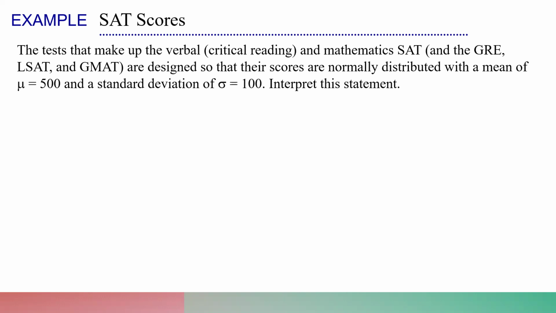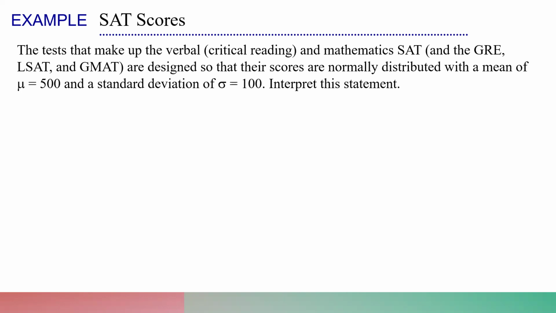So 68% of students score between 400 and 600. Also, 95% of the students score within 2 standard deviations, which in our case would be 200, of the mean of 500. So that would be 300 to 700. 95% of students score between 300 and 700 on the SAT.